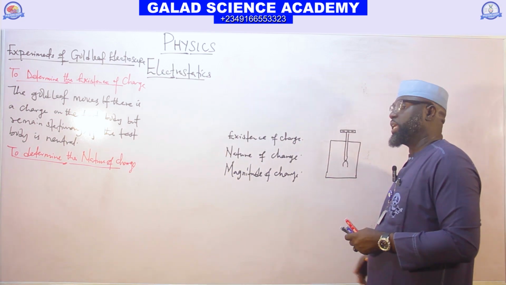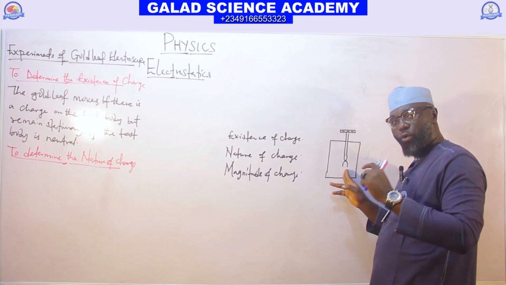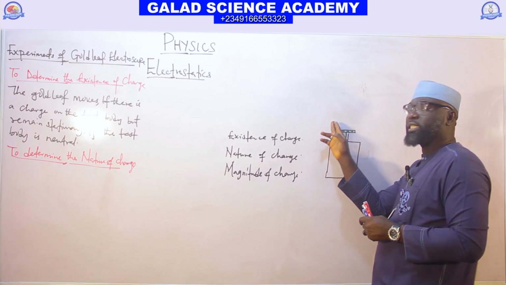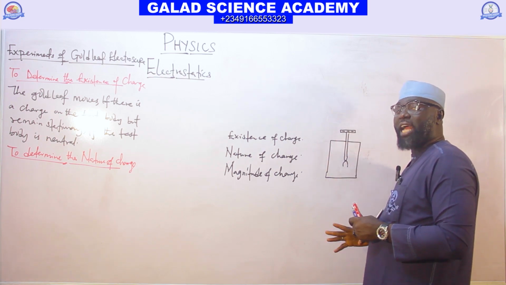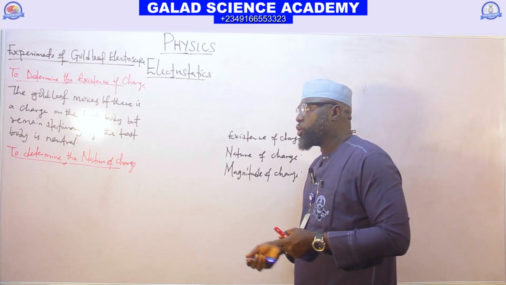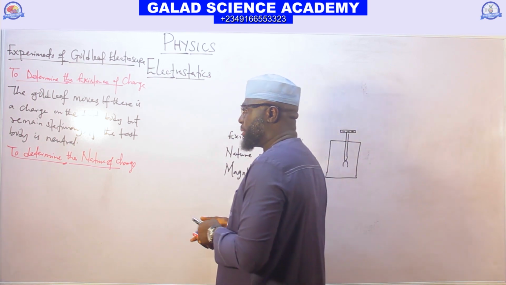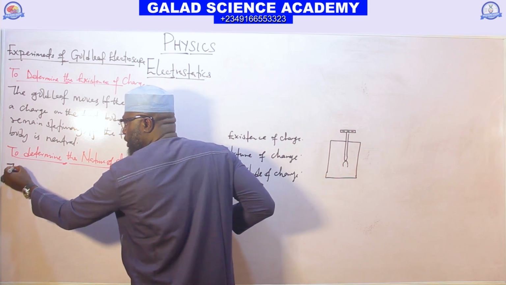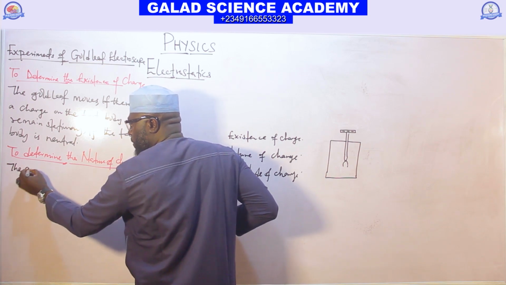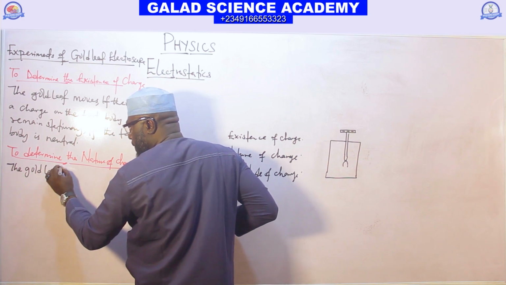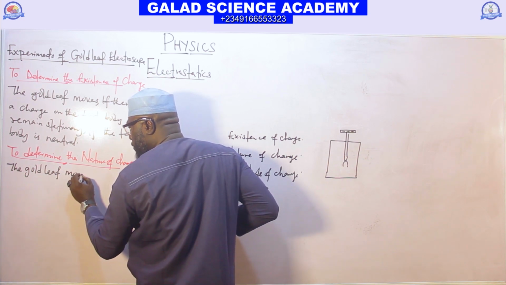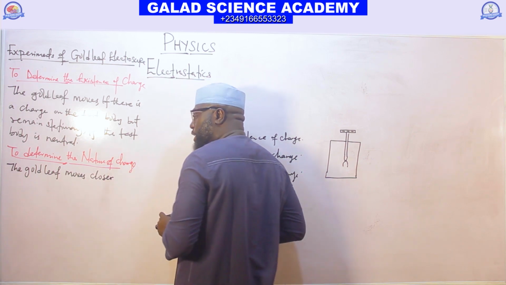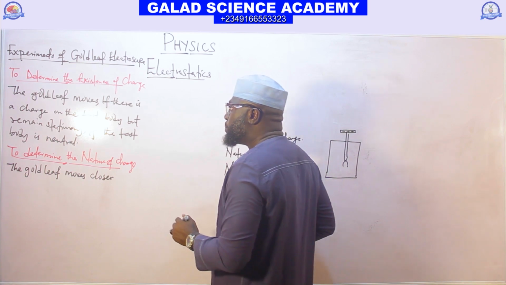So, if the leaf is moved, it tells us that the test body is a charged body. So, let us look at it. What happened here? Here, the gold leaf moves closer.